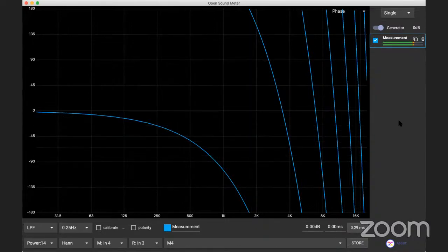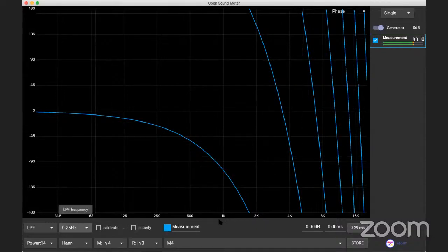Now you might wonder why there is more delay here and less delay here, because the lines are getting more and more vertical. The lines are not getting vertical because the delay is different, but because we are on a logarithmic scale. If you see the scale down here, it's a logarithmic scale. Look at the distance between 4K and 8K and the distance between 500 Hertz and 1K.